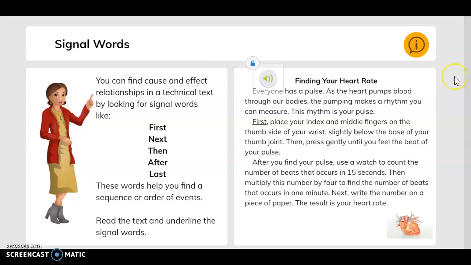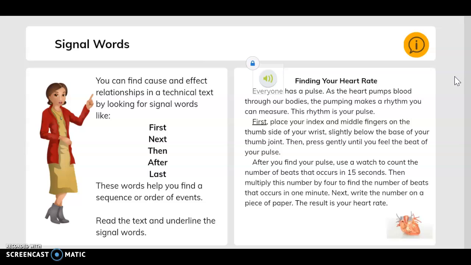Read the text and underline the signal words. Everyone has a purpose. As the heart pumps blood to our bodies, the brain has a mechanism. First, the first one has a back of the heart.